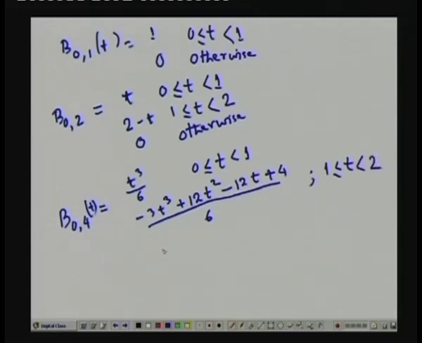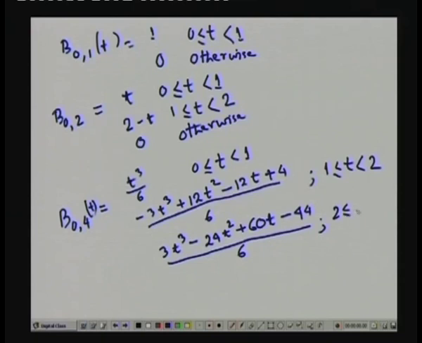This is equal to (3t³ − 24t² + 60t − 44)/6 for 2 less than or equal to t less than 3. This is equal to (4 − t)³/6 for 3 less than or equal to t less than 4, and it is 0 otherwise.